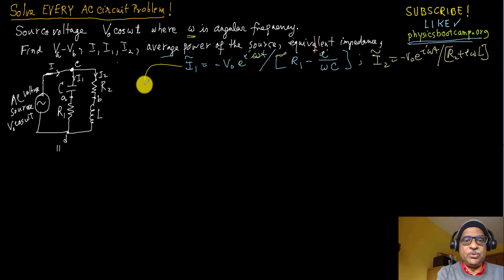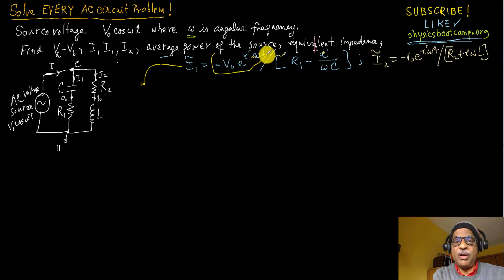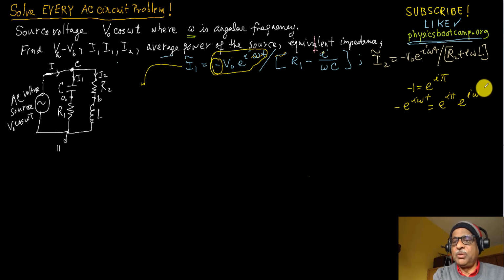So I want to do this. You can see this top part is like a complex number in polar form, except for this negative sign here, which I can absorb into the numerator. Minus 1 is actually e to the power i pi. So if I have a minus e to the power i omega t, it's going to be e to the i pi times e to the i omega t.